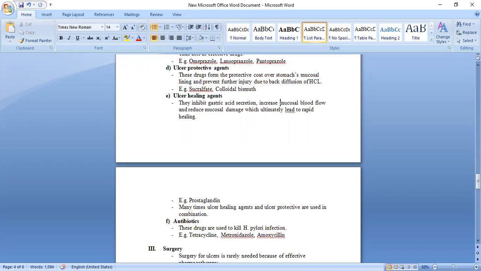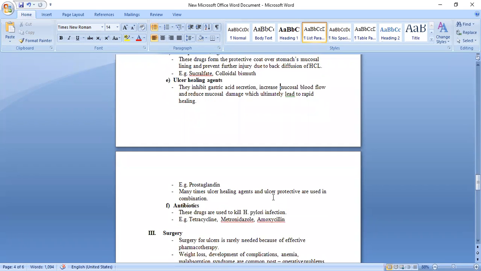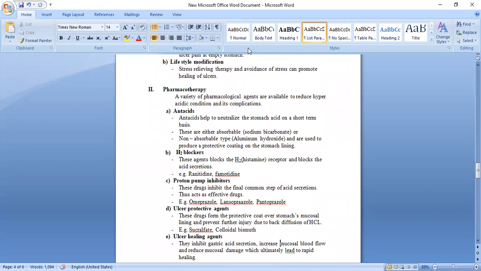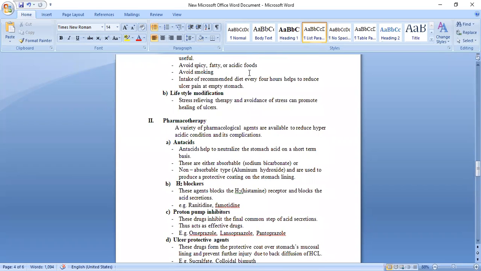Okay, and the next one, that is the antibiotic, a major one. If there is any type of infection, that is H. pylori, to kill that H. pylori we have to give antibiotics. Which type of antibiotics? One or two examples are sufficient for you: amoxicillin, metronidazole, tetracycline. Two or three examples you have to keep in your mind. This is all about the treatment. We see non-pharmacological and also pharmacological therapy.